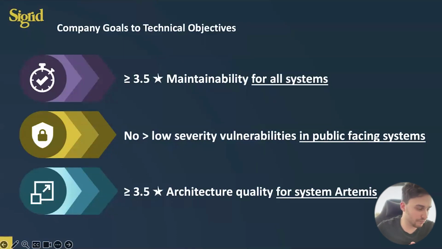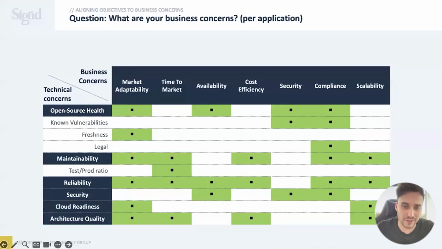If you want to discuss your business concerns and want us to help you with what quality aspects you should set goals for, then we can help you with that. Yeah, so what you're referring to is some kind of workshop format, right?